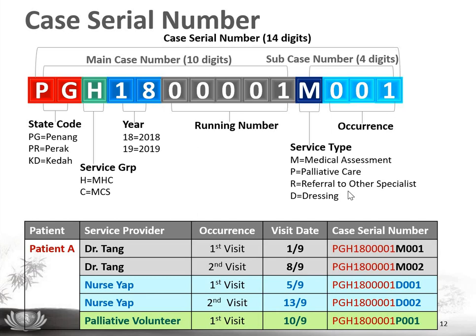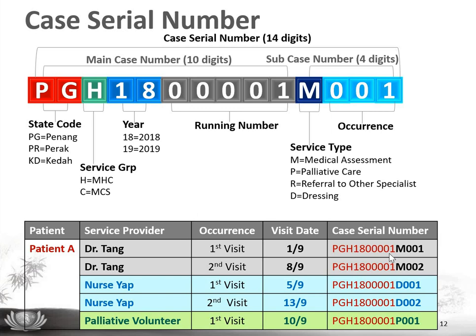Let's take an example. A new case is created for patient A with PGH 1800001 as the main case number, which means this patient comes from Penang, applied for MHC service in year 2018, and is the first patient in our 2018 running number.